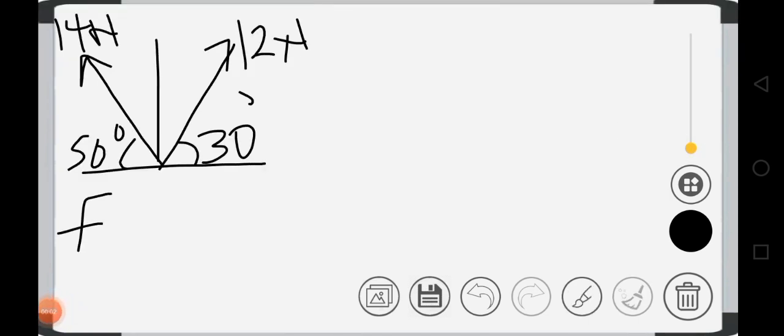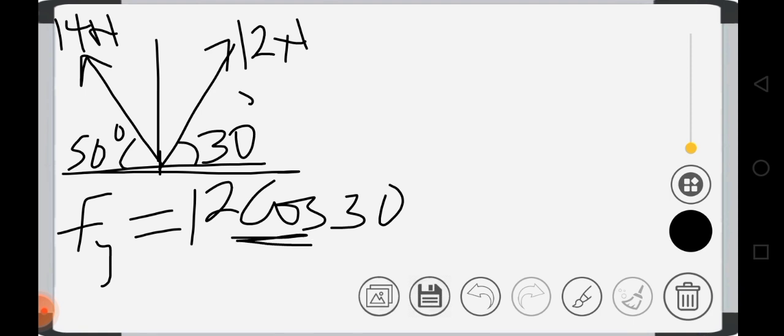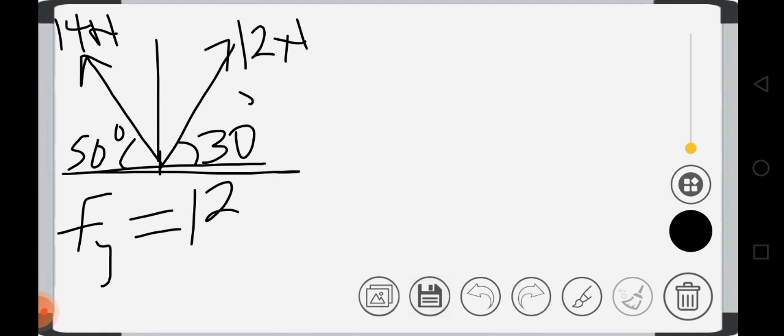The y component will be equal to, if you check very well, you discover that both of the forces are going to the upper side. Remember, for the y component we use sine here, not cos. So we have 12 sine 30, the angle is still the same.